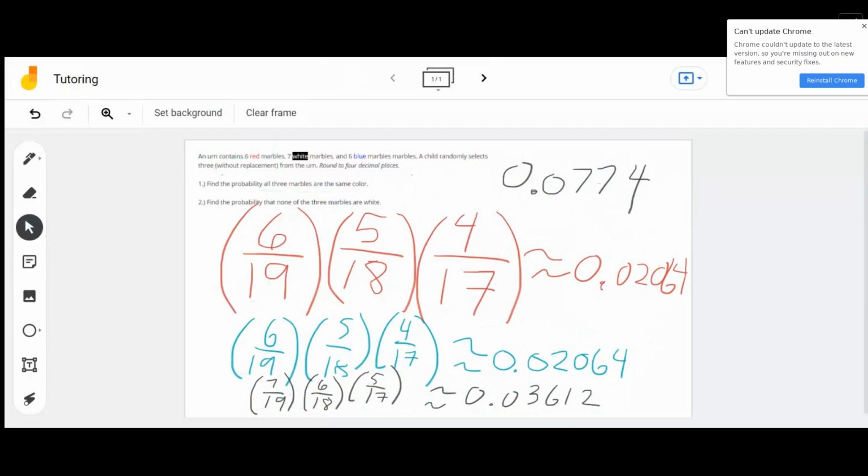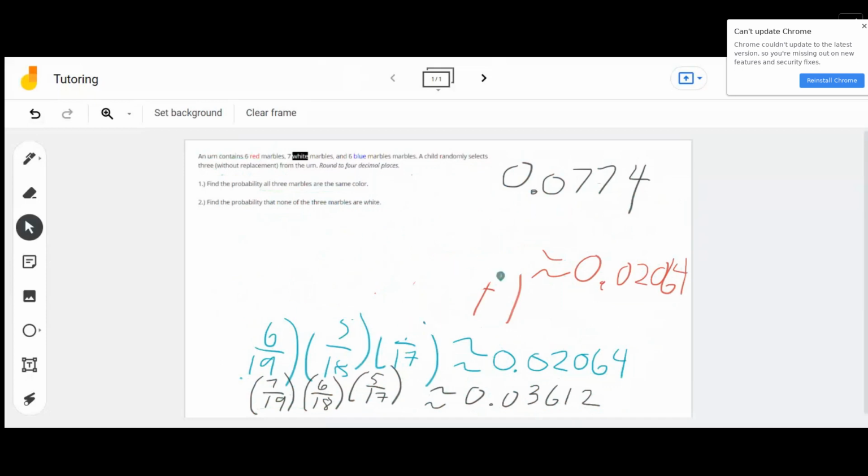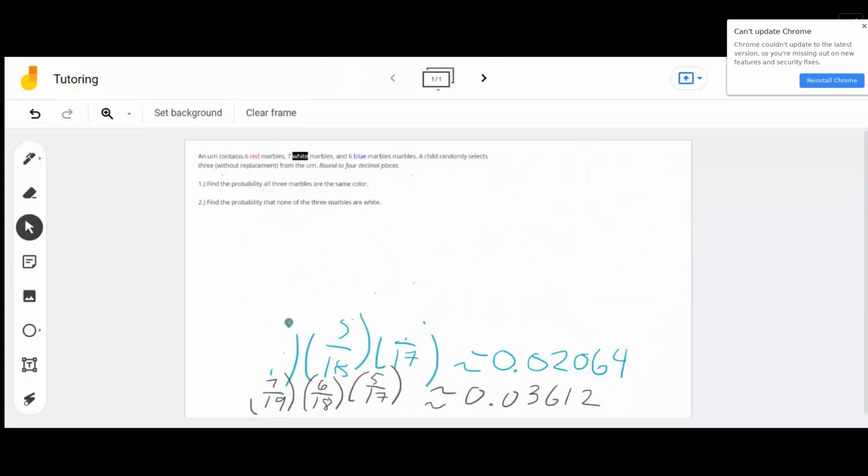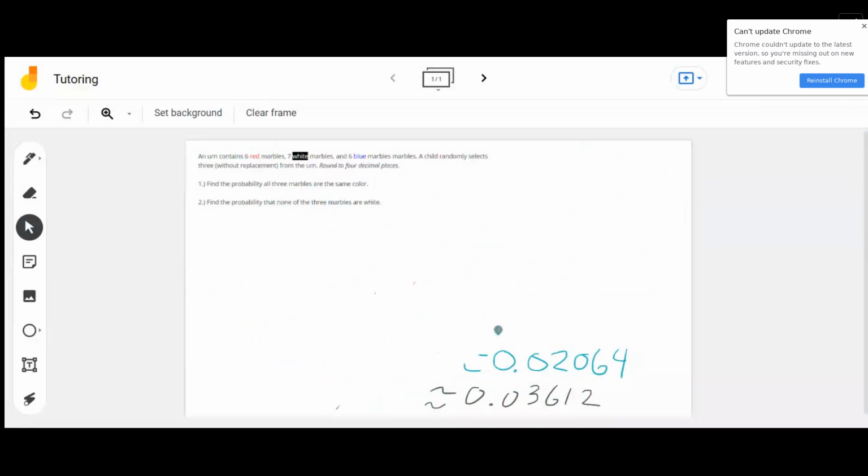Part 2 says find the probability that none of the 3 marbles are white. Now we have to approach this a little bit differently. We are going to use the same formula, but remember, we want the probability that none of the 3 marbles are white.